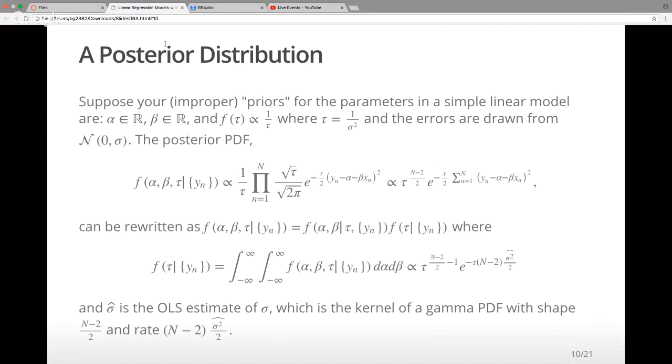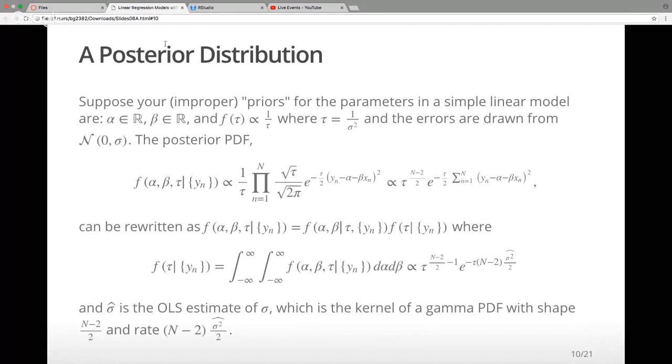So we can take the whole posterior kernel, integrate alpha and beta out of it, and we get an expression here: tau raised to the power (n minus 2)/2 minus 1, e to the negative tau times (n minus 2) times the OLS estimate of the error variance, all divided by 2.